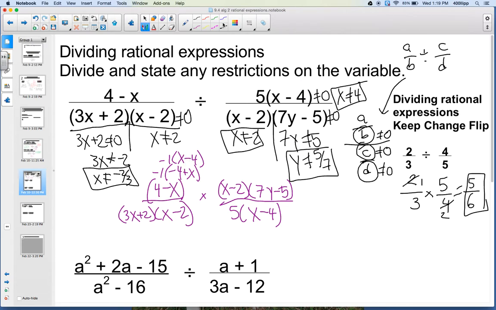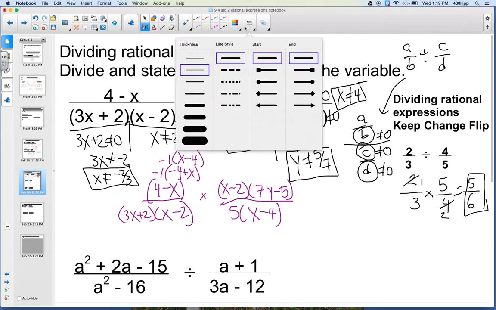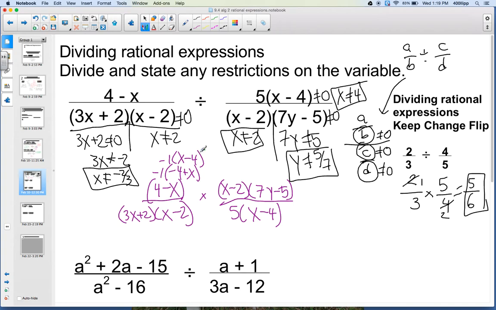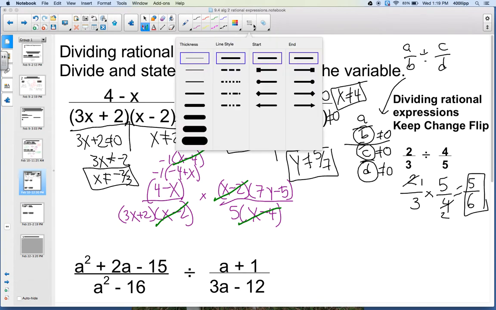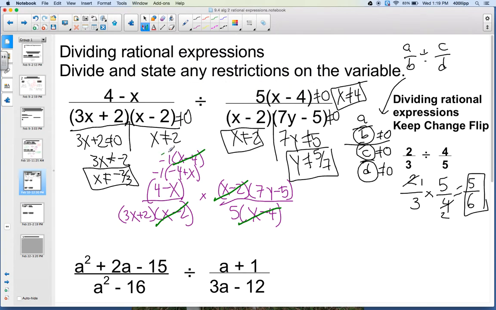So now we can see that we can cancel the x minus 4s. I'm going to cancel x minus 4 with this x minus 4. I'm going to cancel x minus 2 with this x minus 2. And all we're left with now is that negative 1 in the numerator, so negative 1.